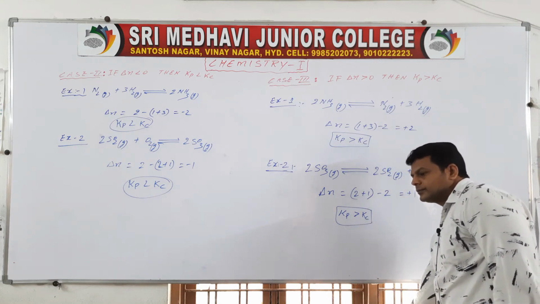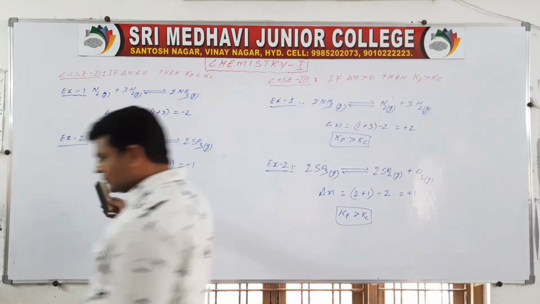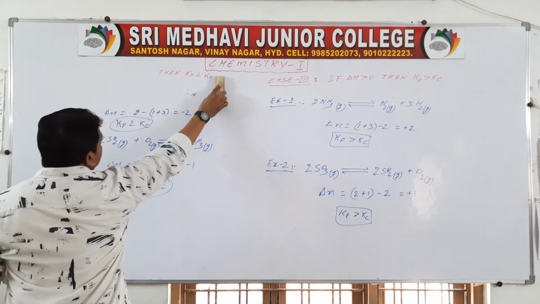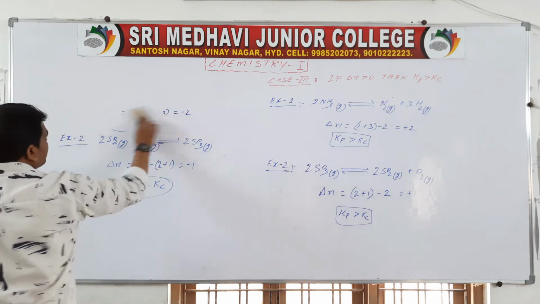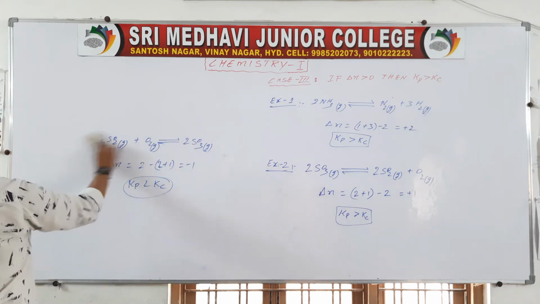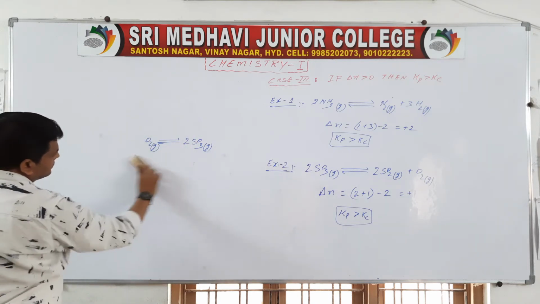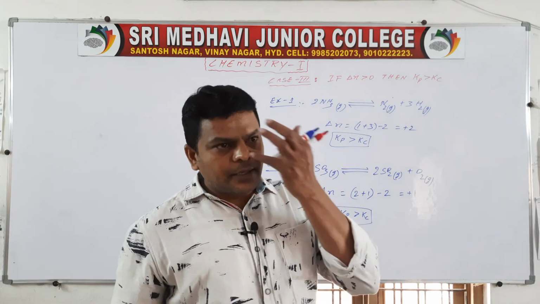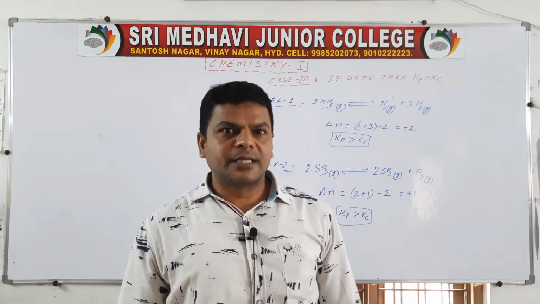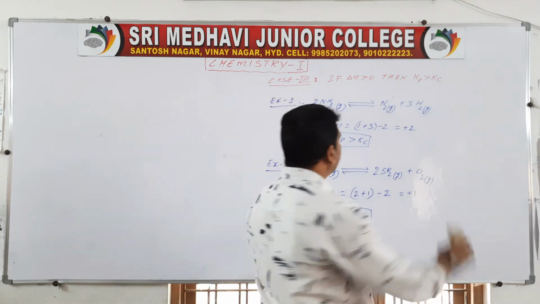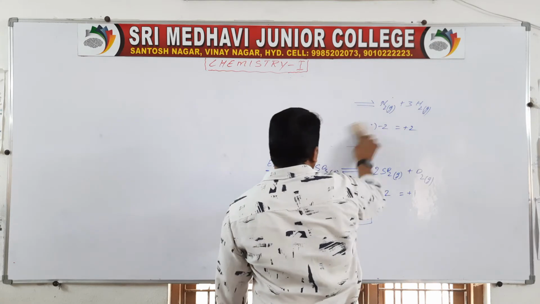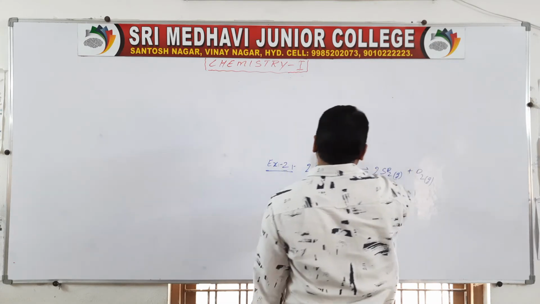Next, derive the relation between Kp and Kc. We have to derive the relation between Kp and Kc when an equilibrium reaction is given to us. So this is also very important for 4 marks.